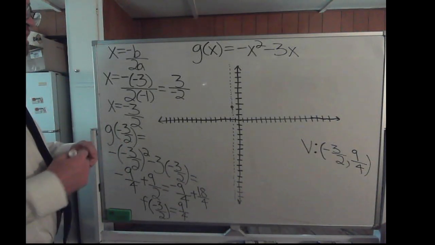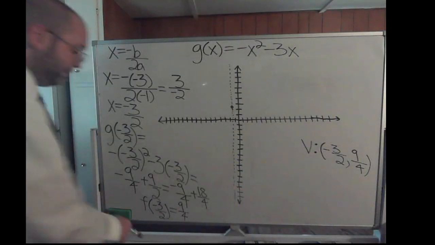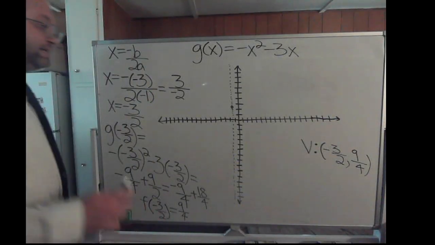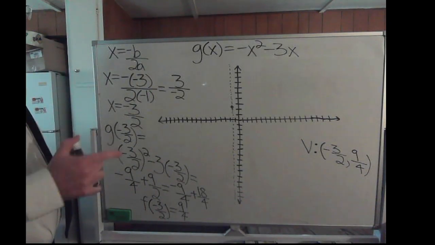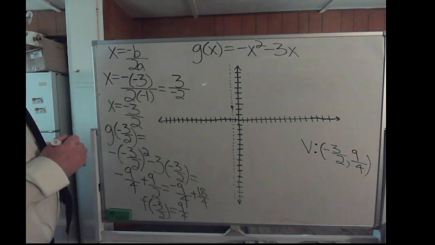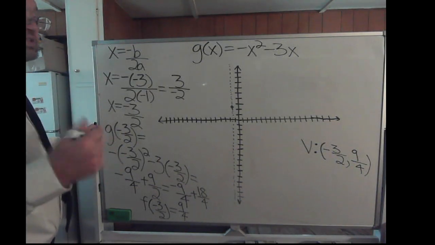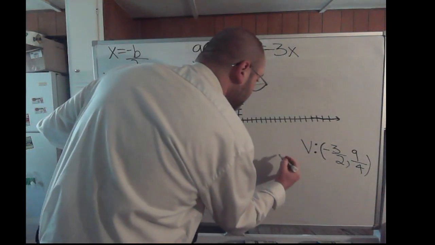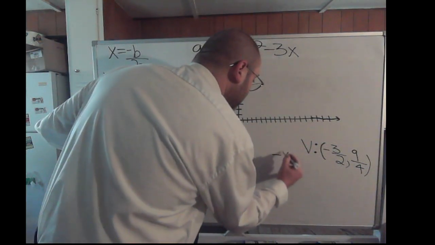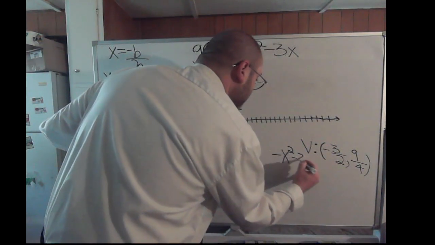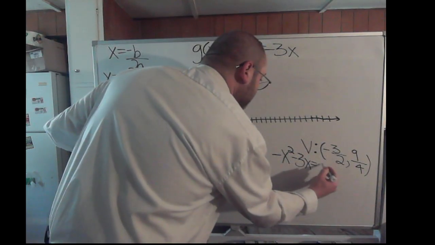Alright, so we got the vertex. Now we want to find at least a couple points here to plot to form our parabola. Usually you want to find the x-intercepts if you can. So set the function itself equal to 0. Negative x squared minus 3x equals 0.